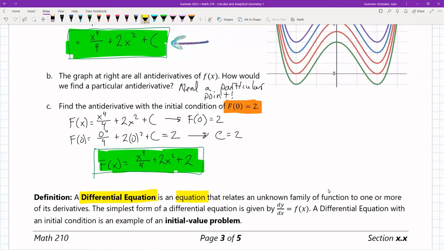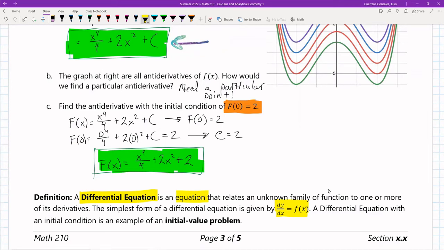The simplest form is this right here: dy over dx is equal to a function in terms of x. This means that there's a rate of change between two variables, y and x, and it is defined by a function solely in the variable x.